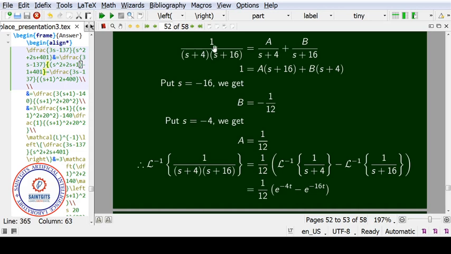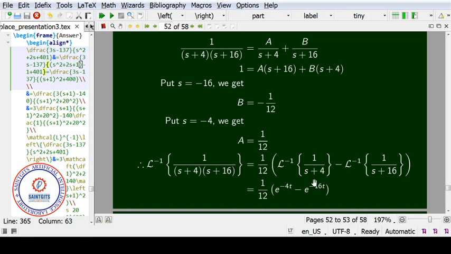So L inverse of 1 by (s plus 4) into (s plus 16), that is the left side, is equal to 1 by 12 taken outside, and the remaining term in the numerator is 1. 1 divided by (s plus 4), L inverse of 1 by (s plus 4). Then there is a negative for B, so minus is here, L inverse of 1 by (s plus 16), because 1 by 12 is taken outside.